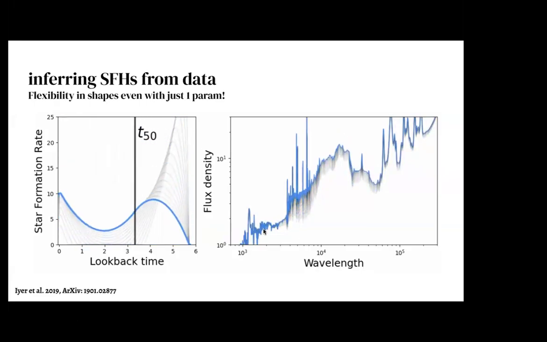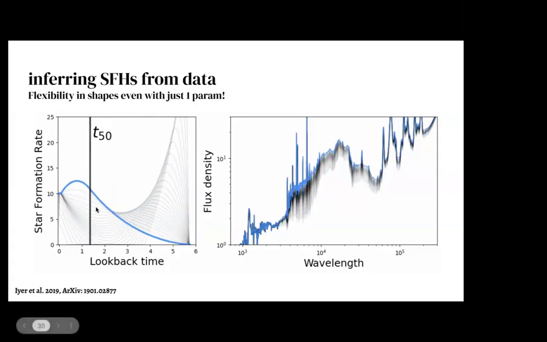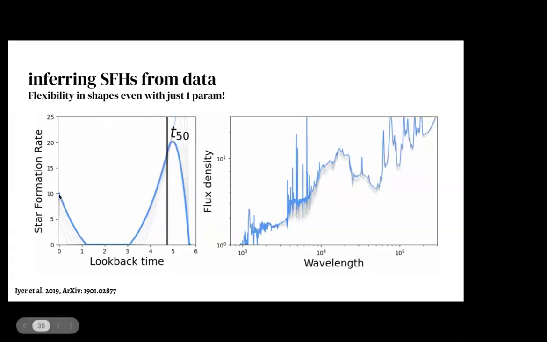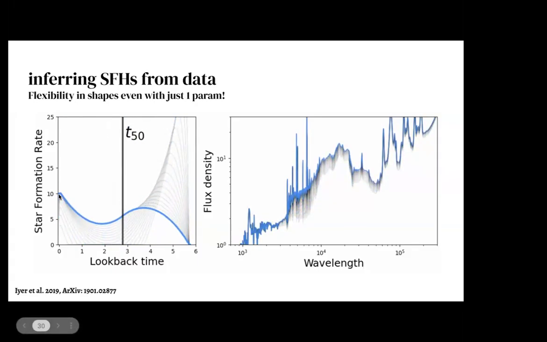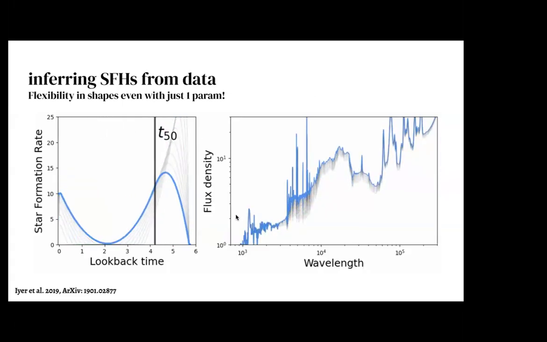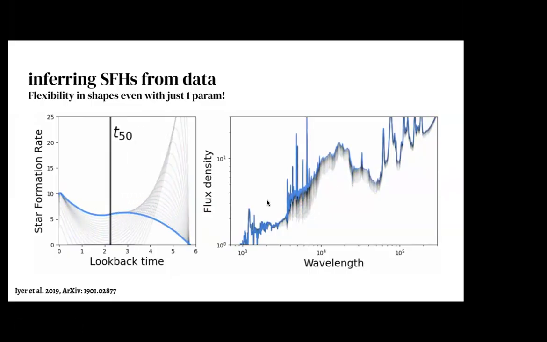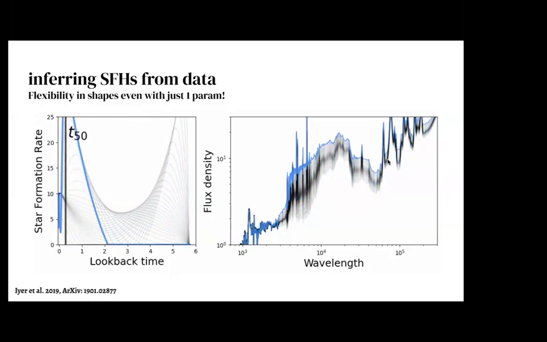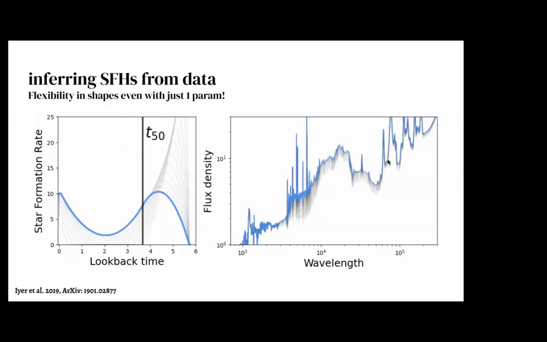The blue light doesn't change at all because we're keeping the star formation rate at T equals 0 constant. And the overall normalization doesn't change much because we're keeping the mass constant. So the only thing we're changing here is how old the stars are, and you can see how that changes the shape of the spectrum.